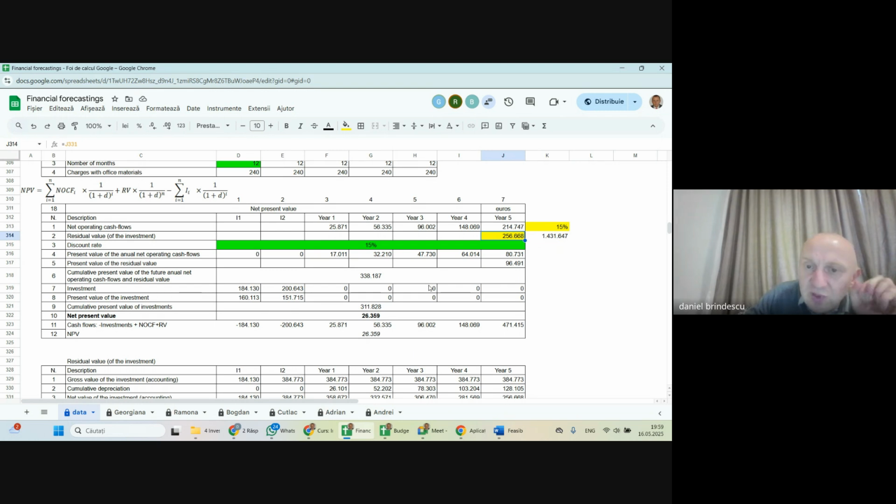I will ask you to explain what the discount rate is, and what the expected return is, the rate of return that would make us happy, so for which we would do the investment.